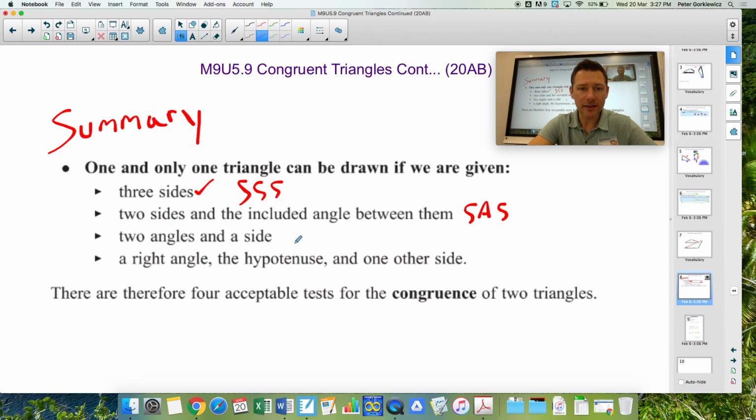Two angles and a side, so that's angle, angle, side. And then therefore, by definition, since you know two of the angles, you know the third angle. So it would be also angle, side, angle. That one also works. Those are basically the same thing. Or if you know it's a right triangle and the hypotenuse and a side are corresponding, RHS, right triangle, hypotenuse, side. Cool. So those show congruence.